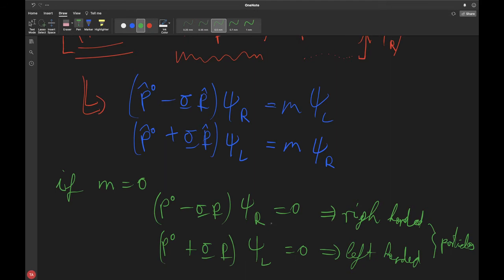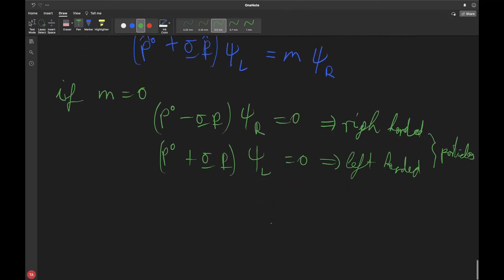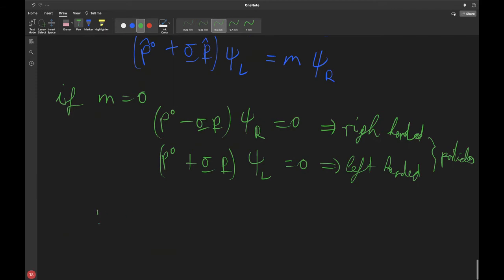So if we have a massless particle, then the P_0 is the same as the energy corresponding to that momentum. And we said that this is C times P, but if we just take C to 1, this is going to be the absolute value of the momentum.